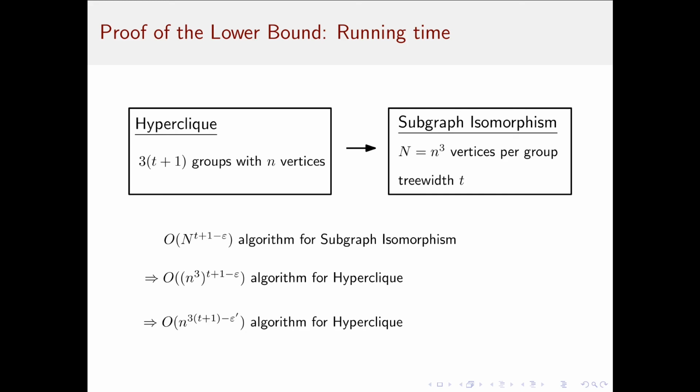And if you just rewrite that, then you get an order of n to the 3 times t plus 1 minus epsilon prime algorithm for hyperclique, which can't exist under the hyperclique hypothesis.